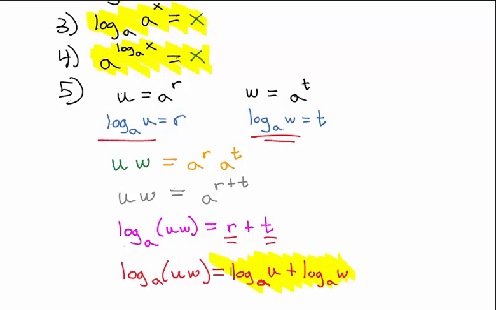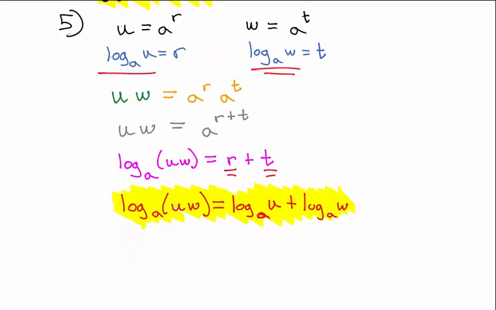This is our important fifth property. What this property is essentially saying is if we're multiplying two things inside the log, u times w, it can be rewritten as a sum of two logs. And that makes sense, because we know that if we multiply two bases, we add the exponents. And the logs are the two exponents being added together.